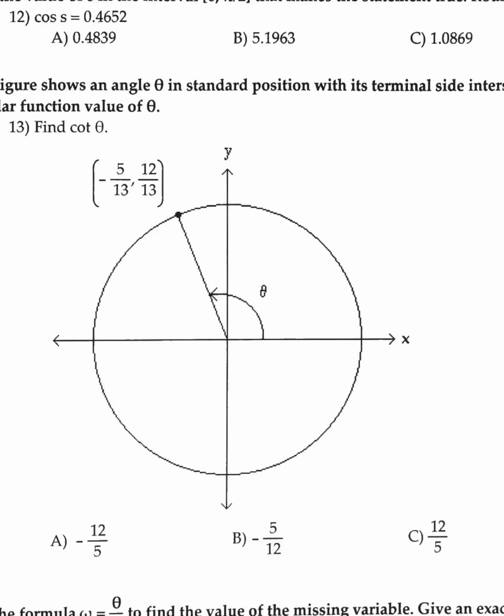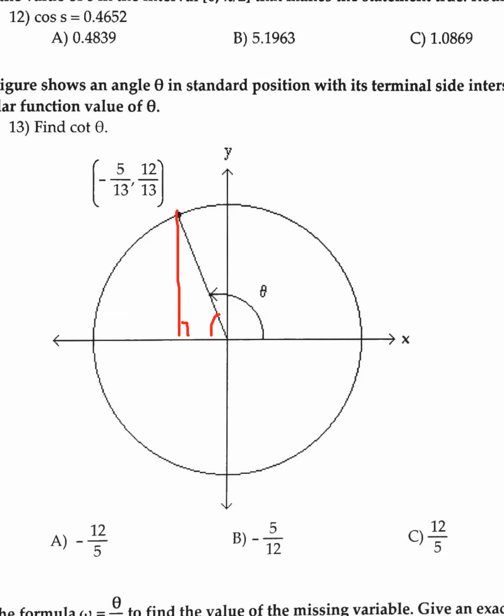Perfect. So you're supposed to find the cotangent of theta. Remember, all we're really doing here is dropping that perpendicular down to the x-axis. So now I have a little right triangle here, and I know that theta is on the outside, but we want to deal with its related angle in here. So I'm going to be looking at that angle.